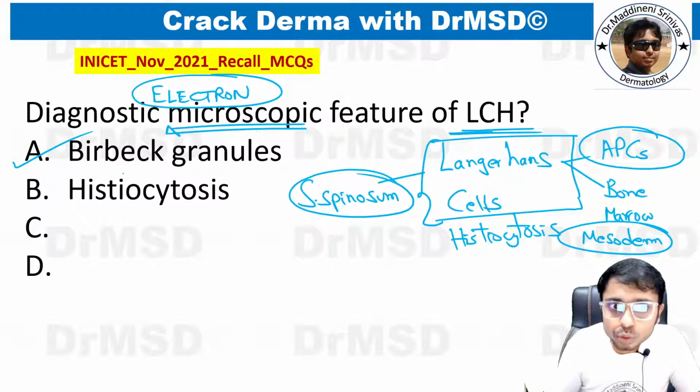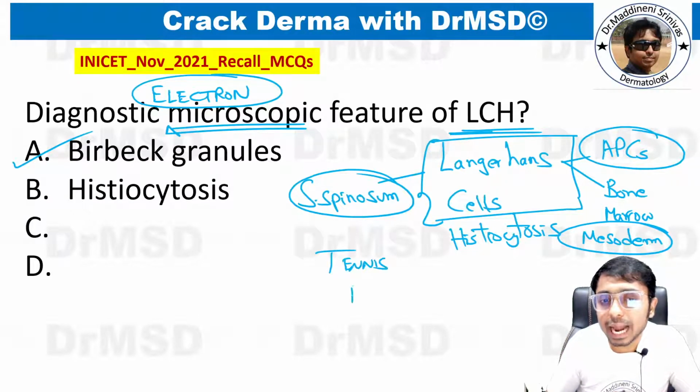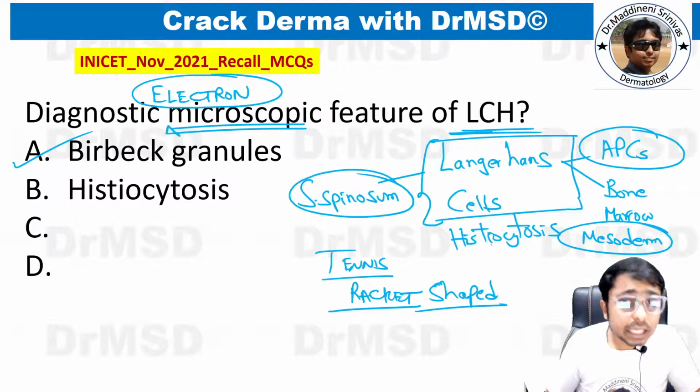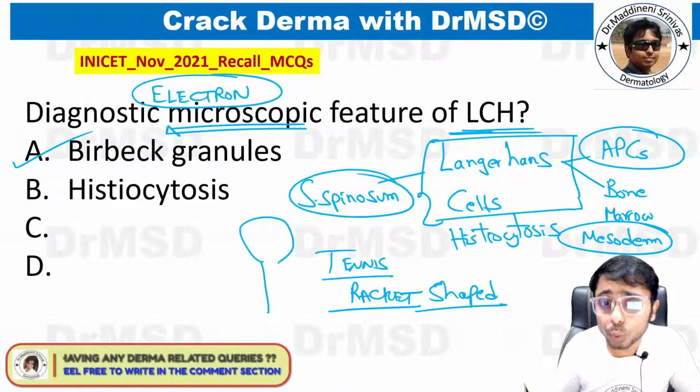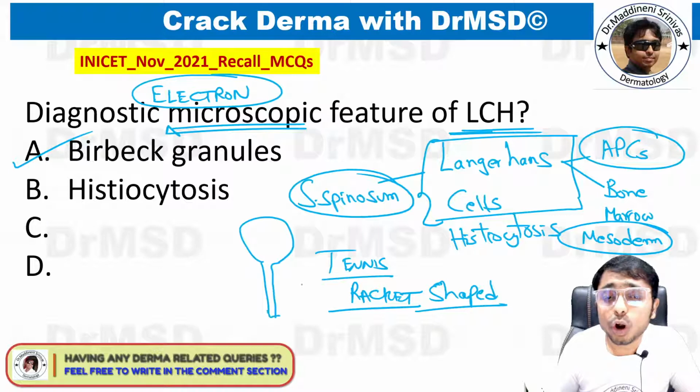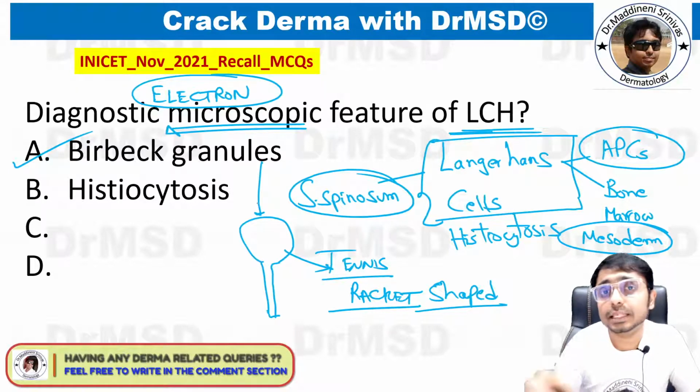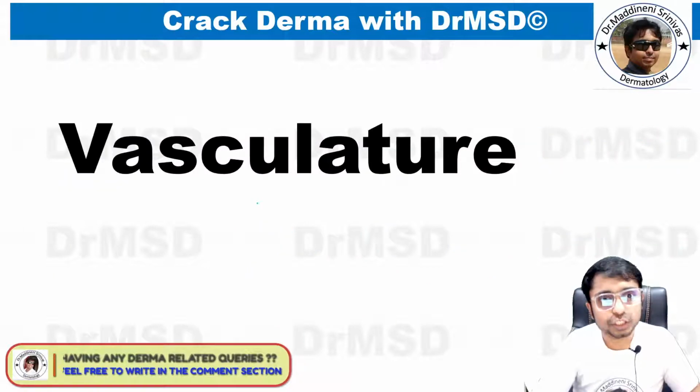So in the electron microscope we can see tennis racket shaped structures which will be present inside this Langerhans cell. These are called Birbeck granules, and why are they tennis racket shaped? Because one end is oval and at the other end there is a rod-like structure. So that is the reason why these Birbeck granules are described as tennis racket shaped structures.